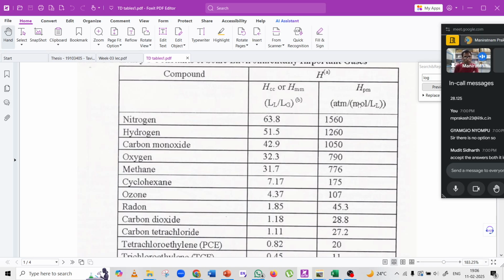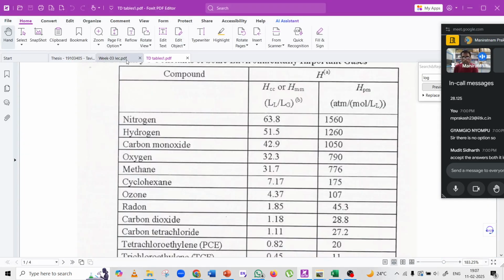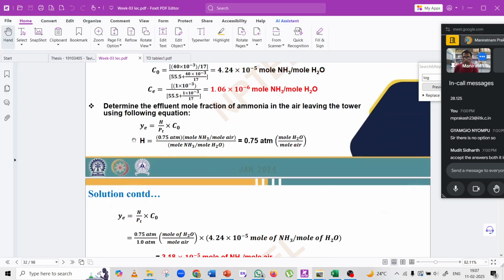So the atm, but sometimes, like in this problem, they have written only atm. Then if we are writing atm, then in my formula we have to write this concentration as a unitless quantity. Then there we are using this concept that when we are writing Henry constant, then 0.75 atm, mole of ammonia divided by mole of air.